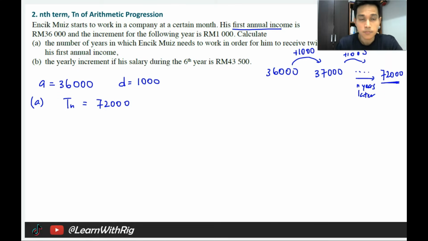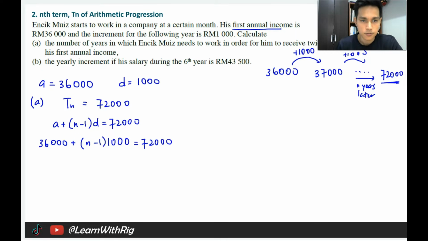So Tn is equals to 72,000. Alright, so what is the Tn formula? So A plus n minus 1 times D, correct? So what is A? A is 36,000 plus n, you don't know what is n, you are looking for n, so leave it empty, and then D is 1,000 equals to 72,000.